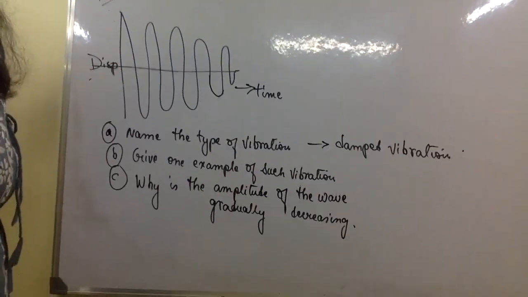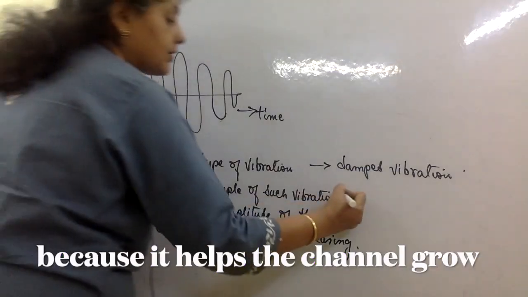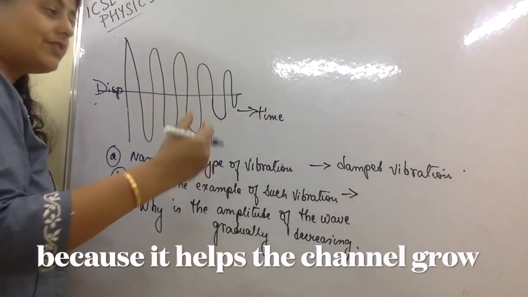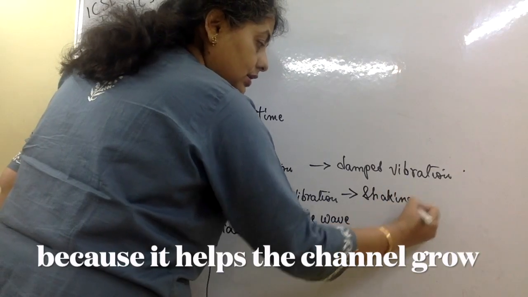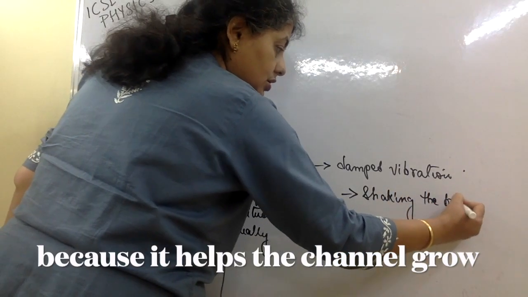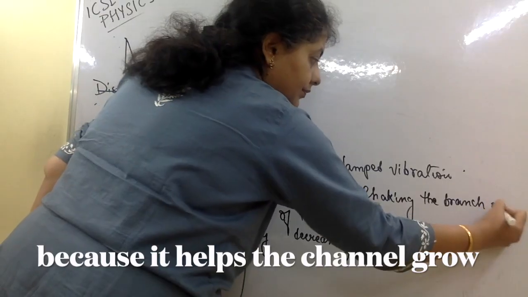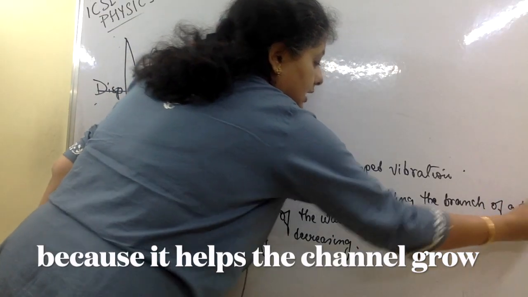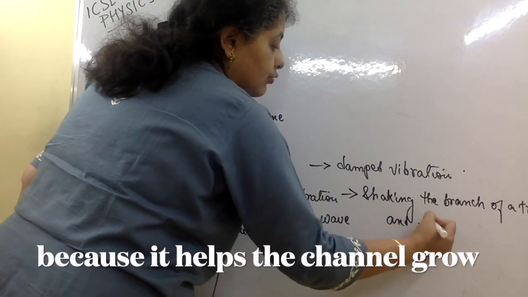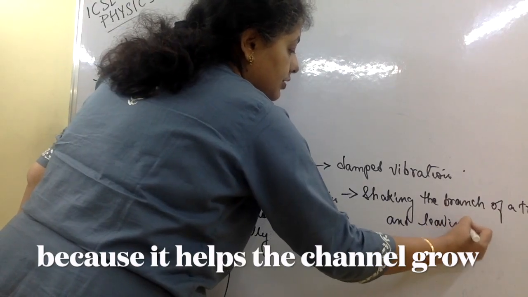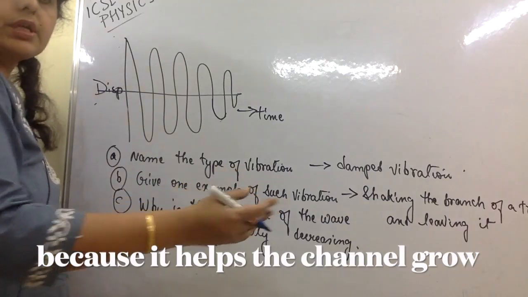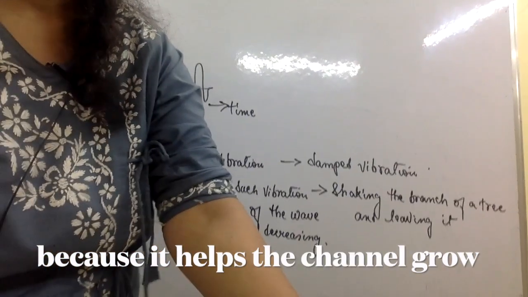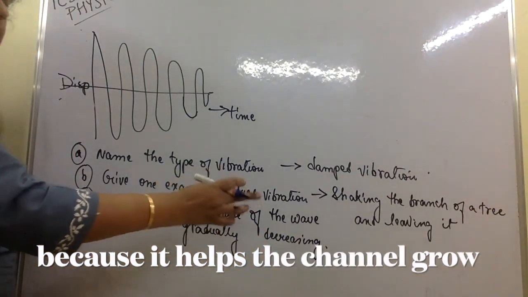Now, how do you give one example of such vibration? You can say shaking the branch of a tree and then leaving it. What happens when we shake the branch of a tree and we leave it?